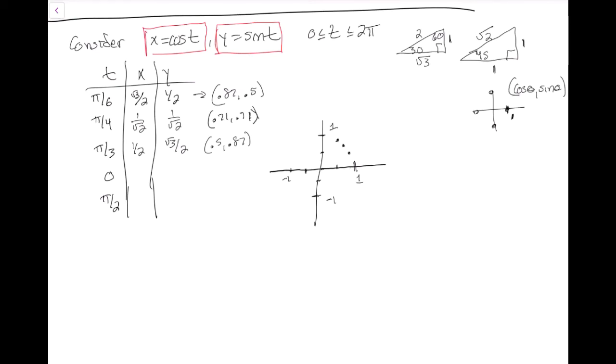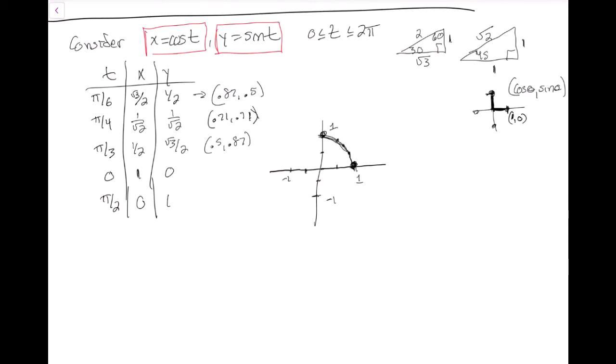So the x value is 1 and the y value is 0 when theta is 0 radians. So I would have the point 1, 0 here, which would be that point there. And then when I'm at pi over 2 radians, I'm at the point 0, 1. So there would be that point there.